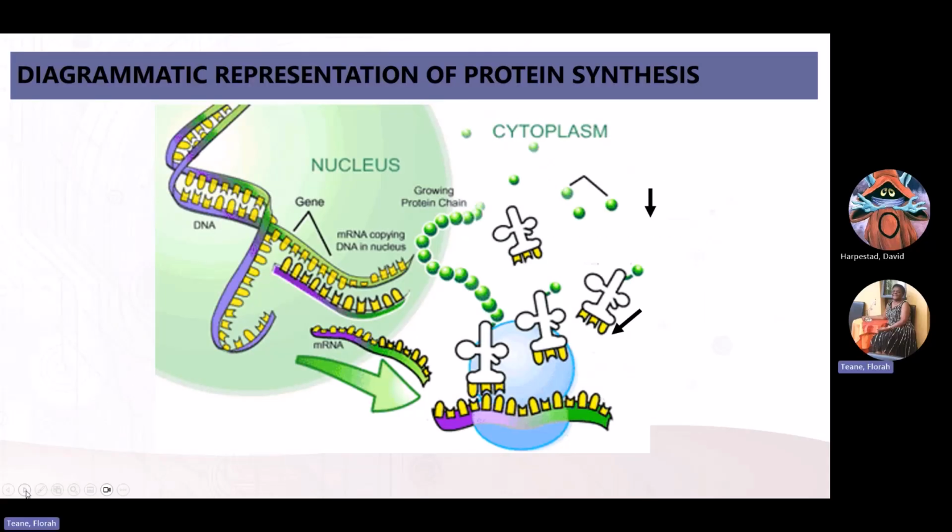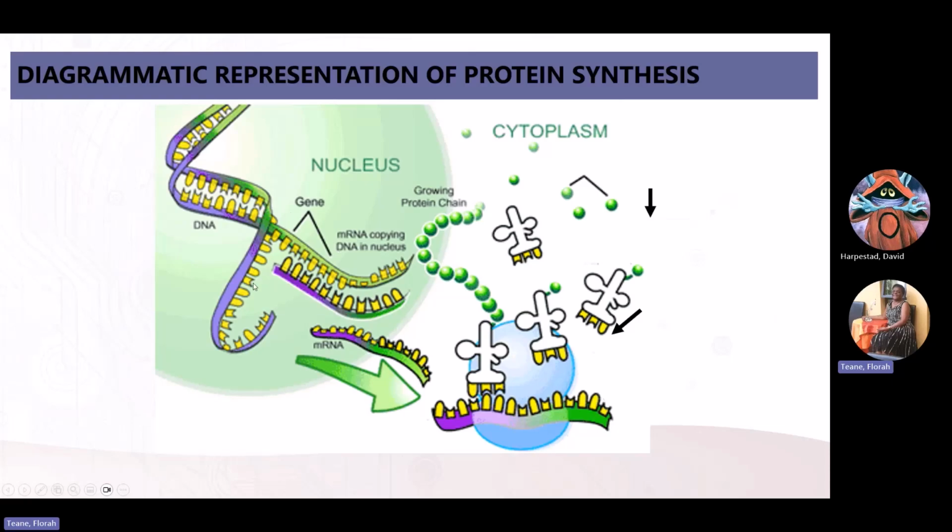Okay, let's look at this diagrammatic representation of protein synthesis. This is the nucleus. In the nucleus, there is a DNA molecule. Remember, the DNA is found in the chromosomes, and a section of the DNA is called a gene. When a protein is to be formed, the message comes from the DNA.